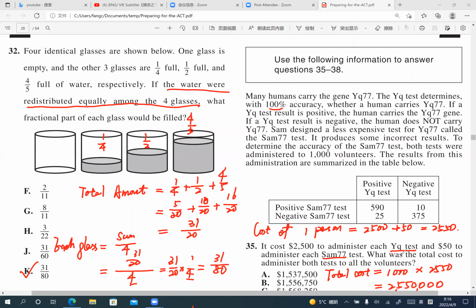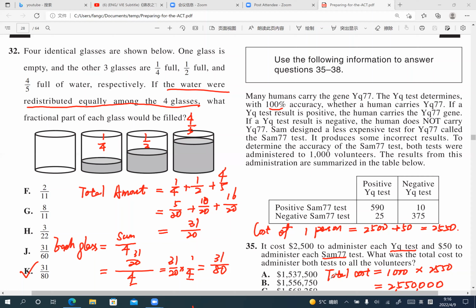From the given information, we know the cost of one person is equal to $2,500 for the YQ test and $50 for the SAM77 test. So the cost of each person is $2,550.